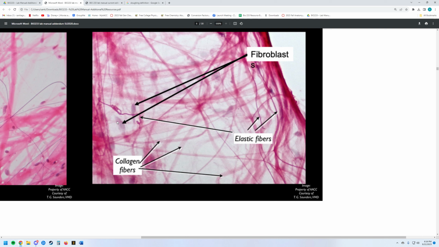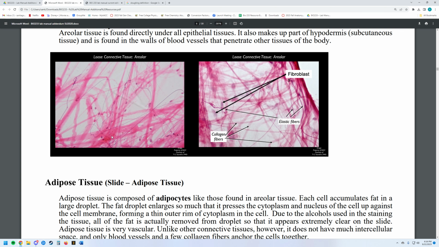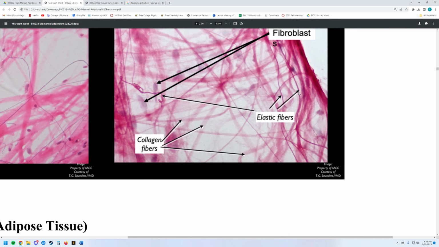Fibroblasts are the weird ball-looking things. Hmm. Yeah, it's thinner and darker, I think. So the collagen would be thin and dark, and it looks like the fibers are all of this darker stuff that's thicker.